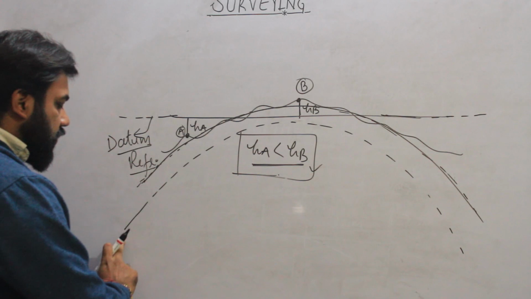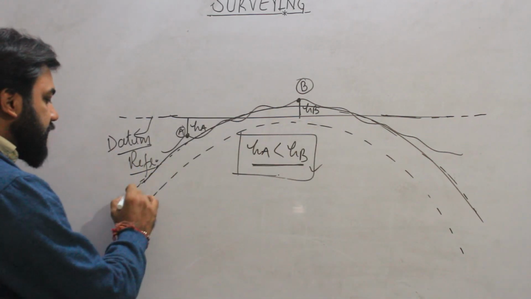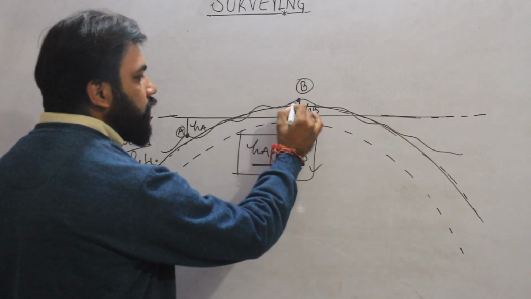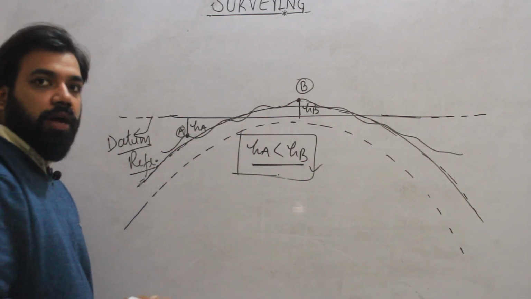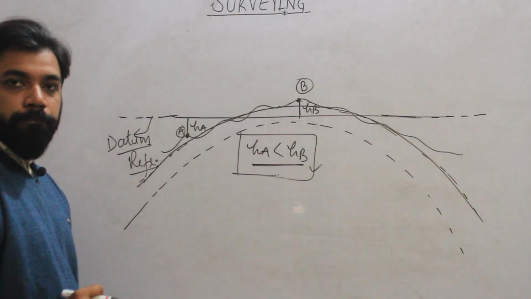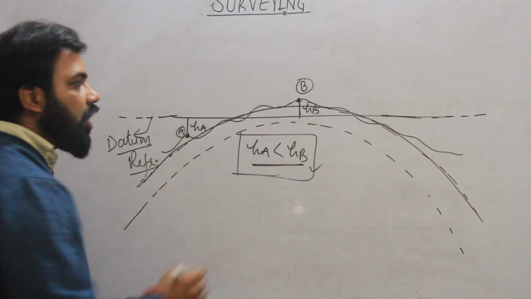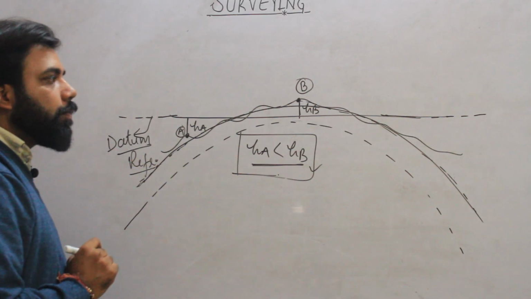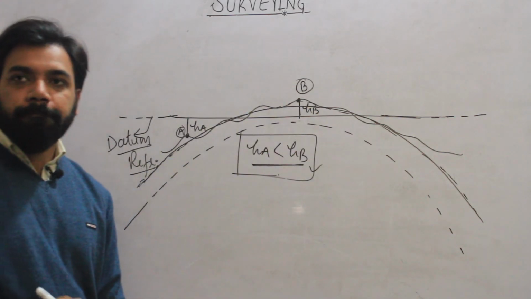This line is representing the curvature of the earth, and this second line is passing through the point A and also through the point B. So this line is nearly, I am saying nearly, equal to the curvature of the earth. So now let's see what happened. This line is passing through the point HA, and this line is also passing through the point HB. So this line is known as an equipotential line.